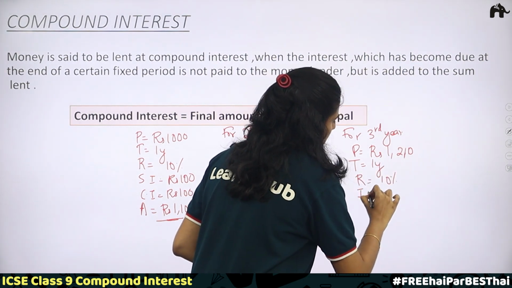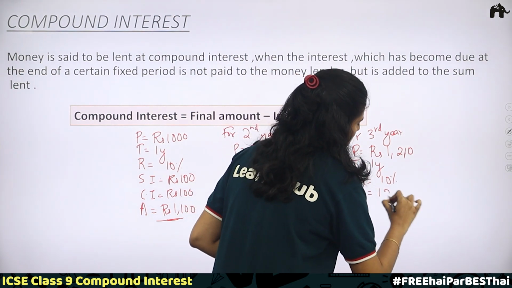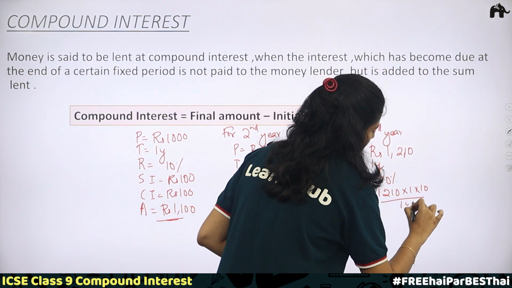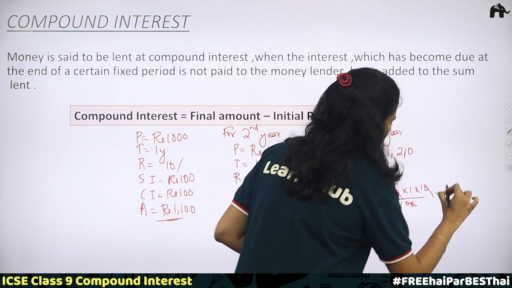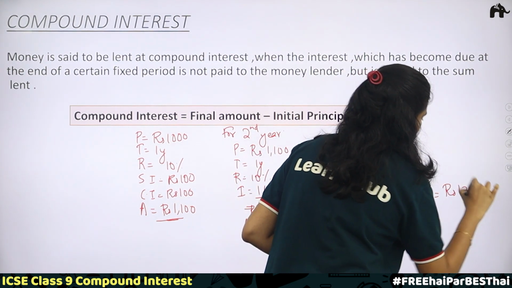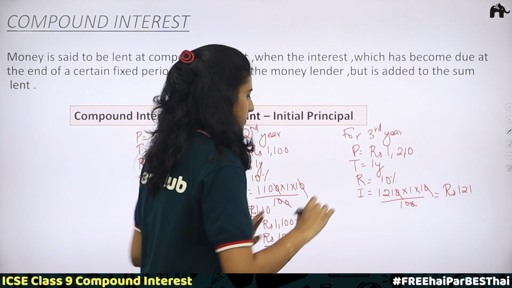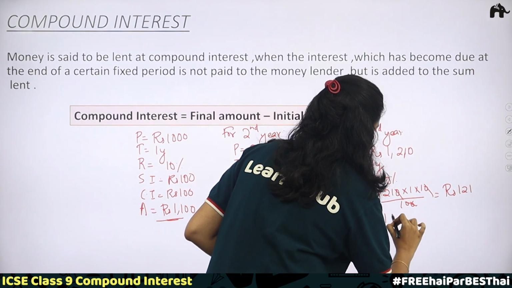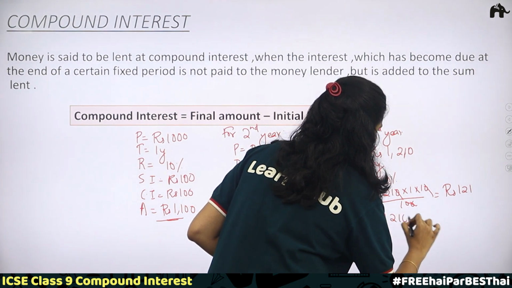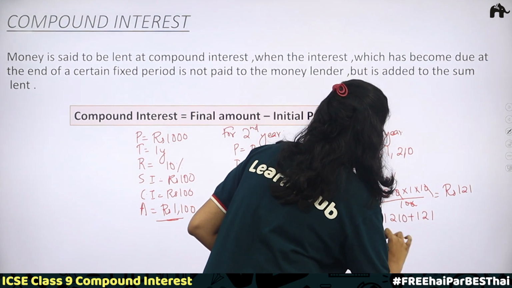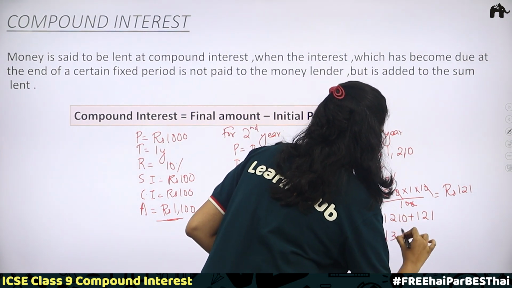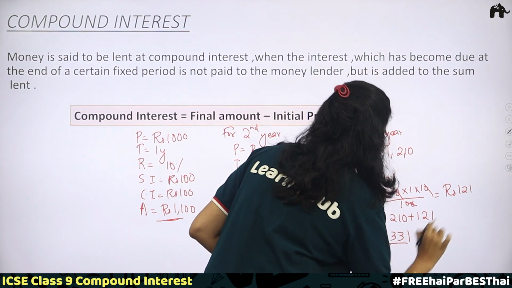Then the interest will be equal to 1210 into 1 into 10 divided by 100. Cancelling zeros, you will get rupees 121. What is the amount? Amount will be equal to principal 1210 plus 121. On adding, you will get 1331. So this is the amount.